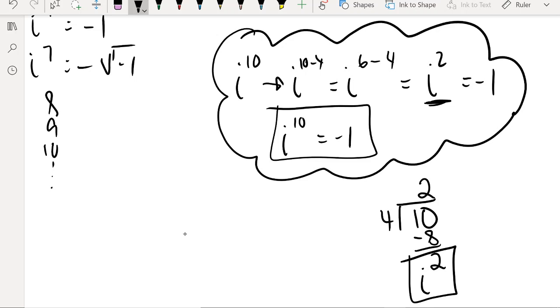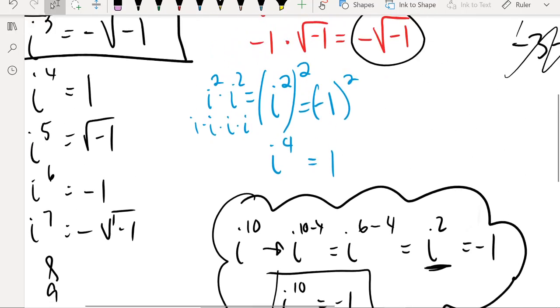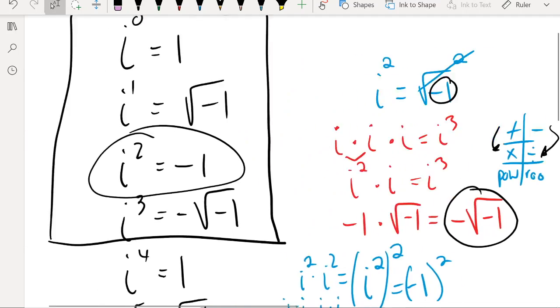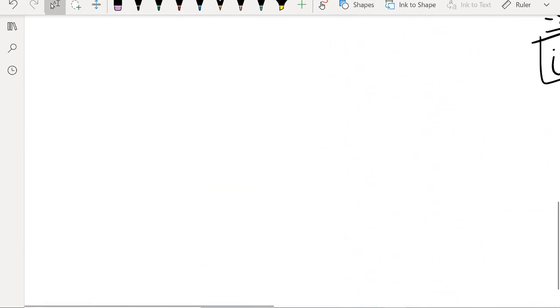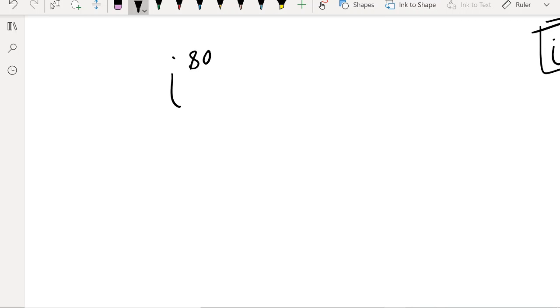And this is what trips people up when they learn this trick. They learn this trick and they're like, oh, the remainder is the answer. But the problem happens when you get a problem like this. So what if I said i to the 80th power? Well, me just creating this problem out of thin air, I knew exactly what this was right off the bat, because 4 goes into 80 evenly.